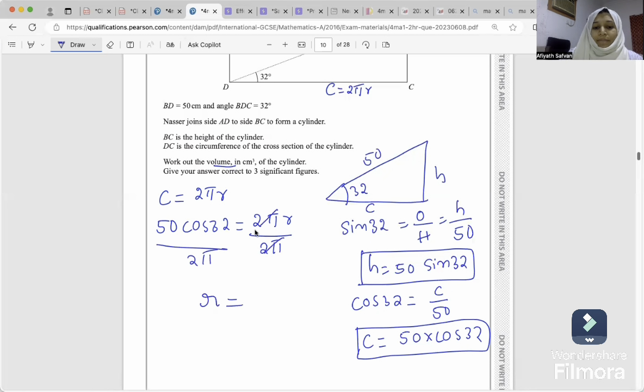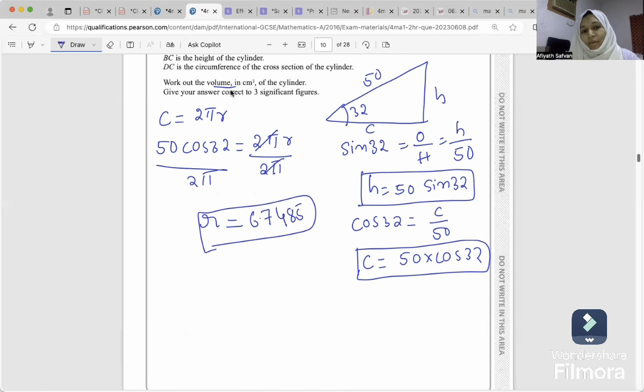Therefore, r is equal to 50 times cos 32 divided by 2 pi, which is going to be 6.748. So you can take it as 6.7485.